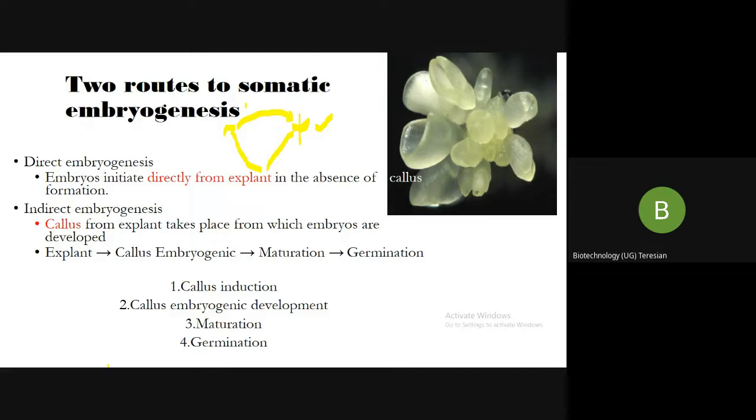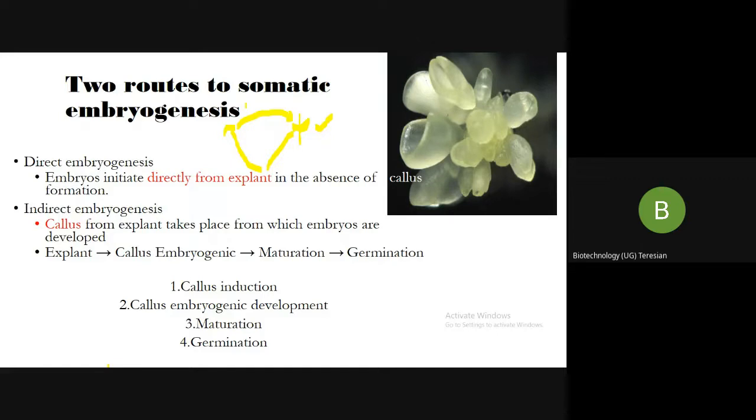Therefore, a callus will have cells with different ploidy levels. Ploidy means the number of sets of chromosomes, like haploid, diploid, triploid, tetraploid. It can be any type of ploidy.